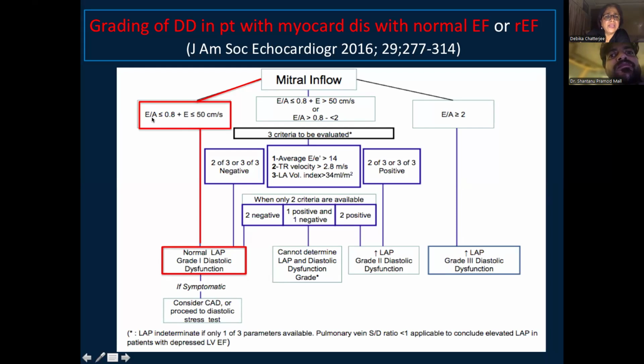If E by A ratio is less than or equal to 0.8, along with E wave velocity less than or equal to 50 centimeter per second, straight away you can see it's a grade 1 diastolic dysfunction with normal LV filling pressure or normal LA pressure, more or less same it is. So you don't have to go to the further detail, but we always do to double check. But you can say if you get this pattern that the patient is having grade 1 diastolic dysfunction.